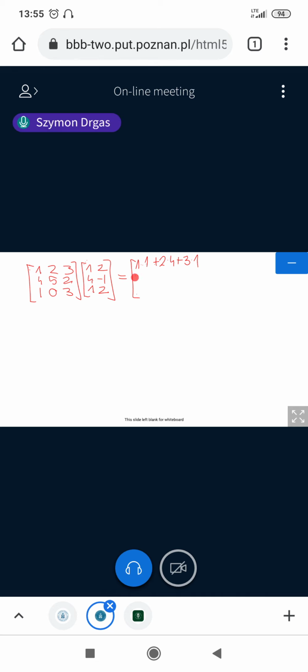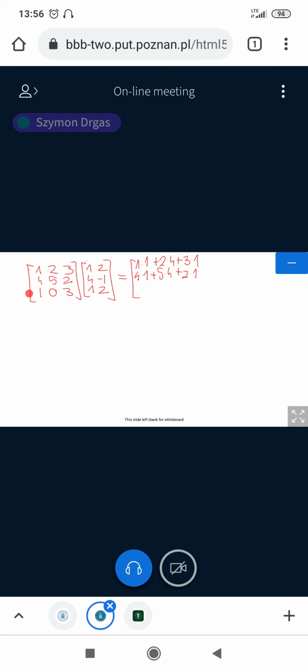The second element in the first column will be the second row of the left-hand matrix times the first column of the right-hand matrix. So it is 4 times 1 plus 5 times 4 plus 2 times 1.